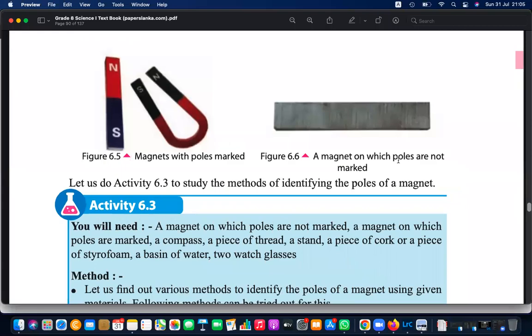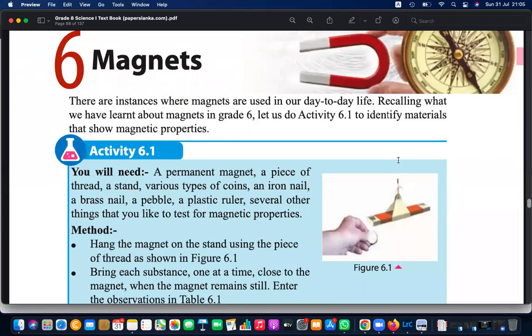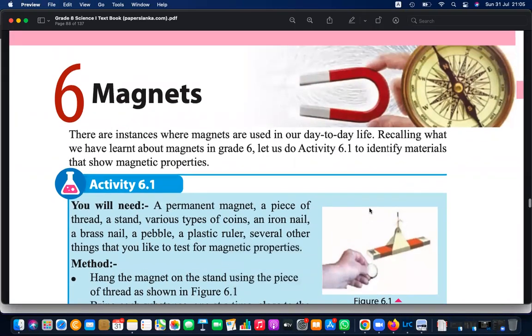May I know, in your school, what is the extent that you have completed? Have you completed this 6th chapter, or are you still doing it? What is the chapter that you are doing in your school? Not yet. Then which chapter? Is it 4?